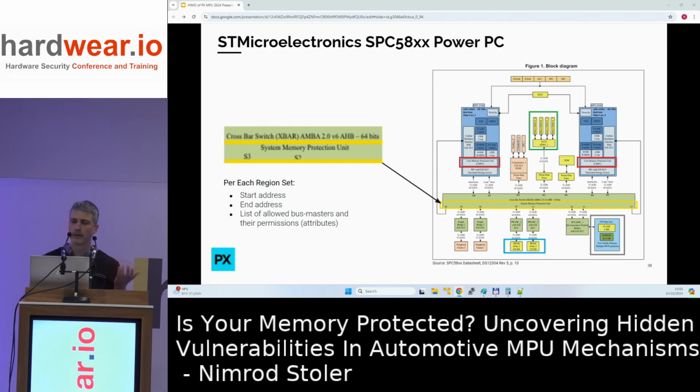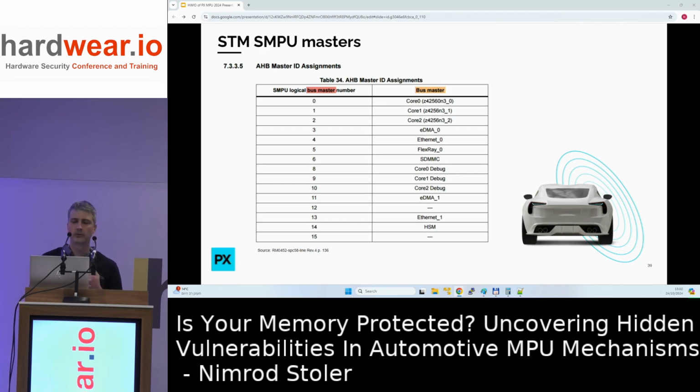The STMicroelectronics reference manual has a list of available SMPU bus masters, which we're going to look at briefly now. So we have a total of 16 bus masters here, although only 14 are actually used. Let's go over the list quickly. The first 3 bus master numbers, 0, 1, and 2, are the 3 cores.